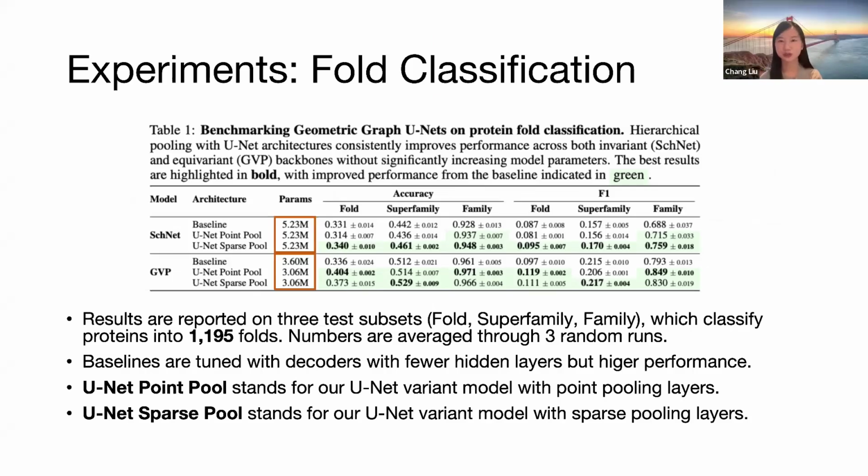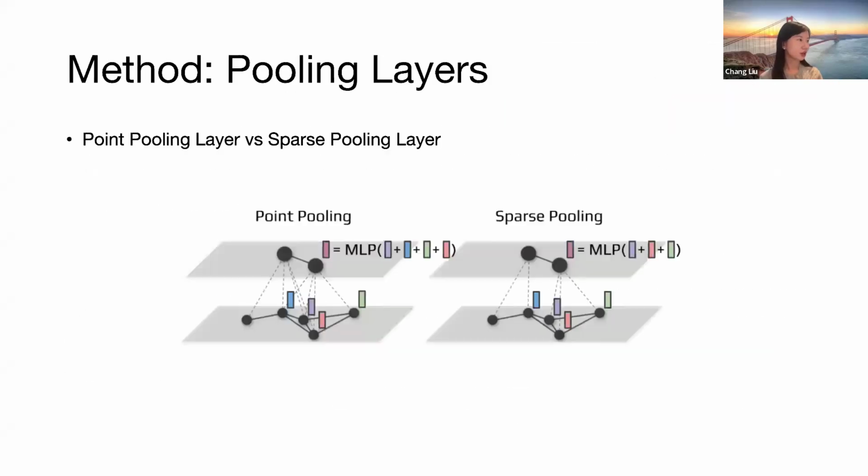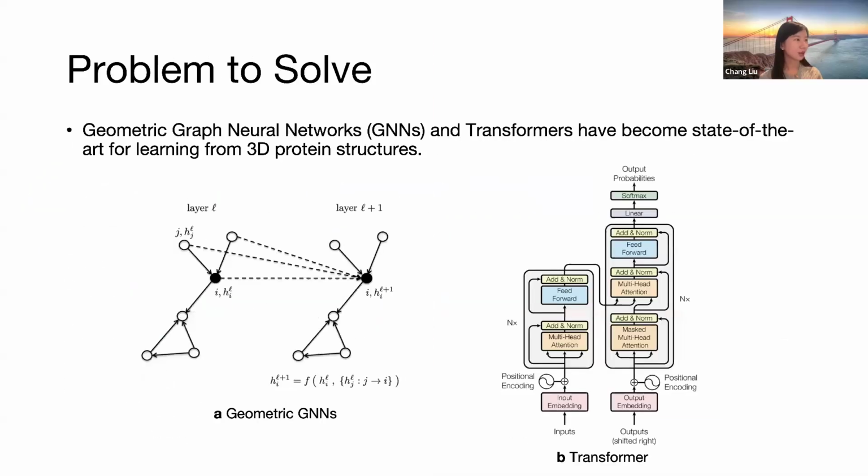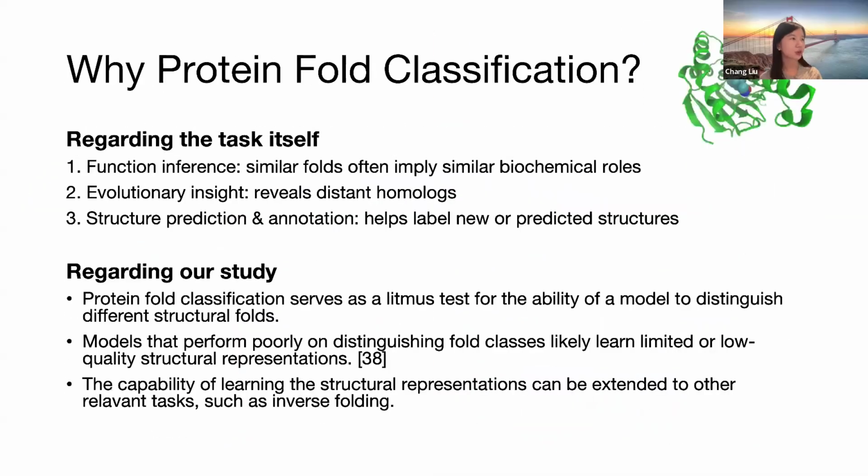Oh, it's a very good question too. As I mentioned on the first few slides, the reason we take protein fold classification as our task is because, after analysis of protein structure and relevant methods, it's actually our supervisor's finding that models that perform poorly on distinguishing fold classes likely learn limited or low-quality structural representations.